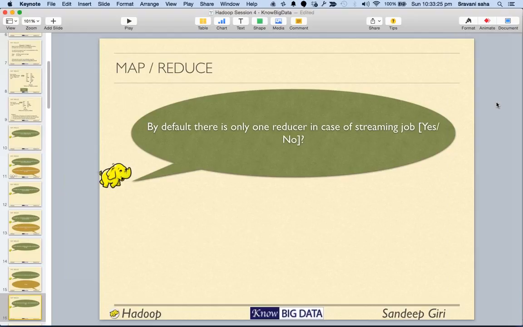Correct. Initially, there was only one reducer when we did not specify the number of reducers, because if you remember, when we ran it for the first time, it only gave a single file, right?